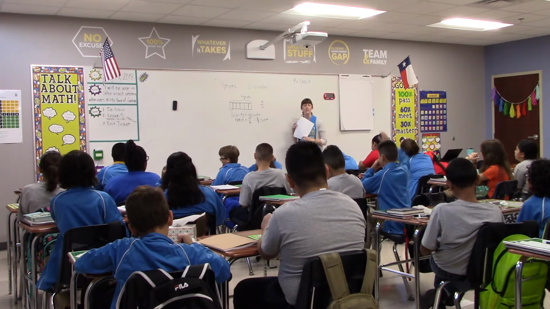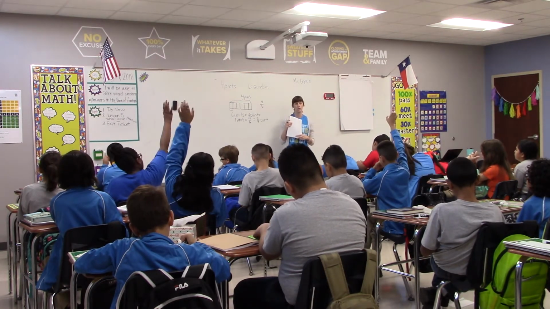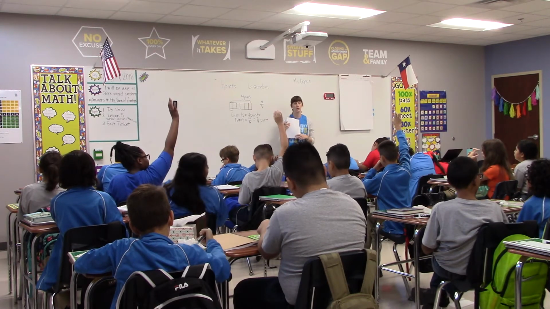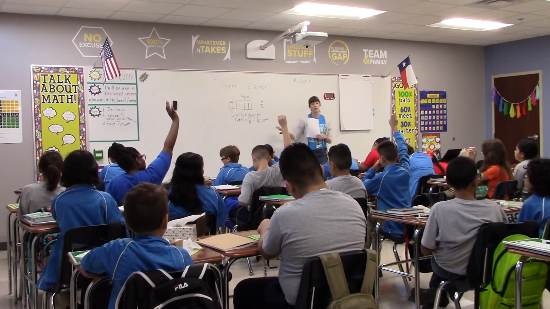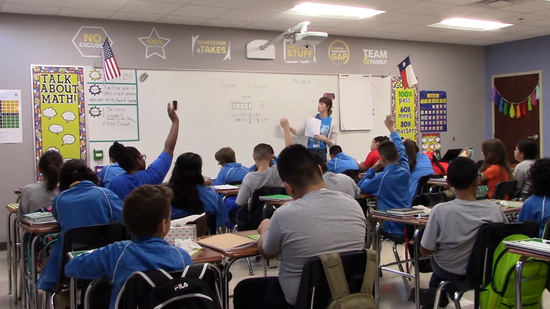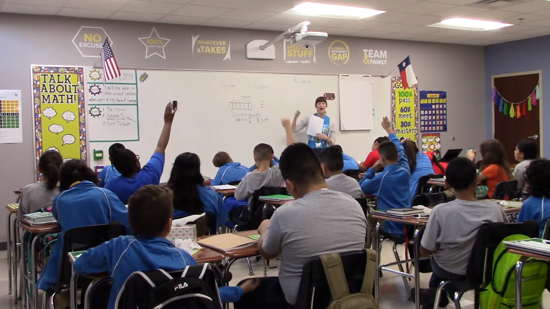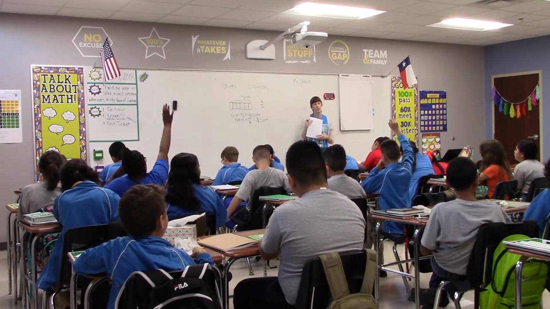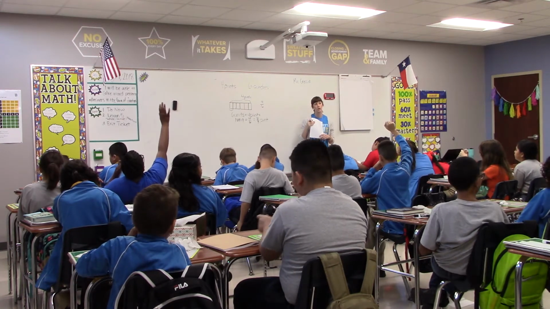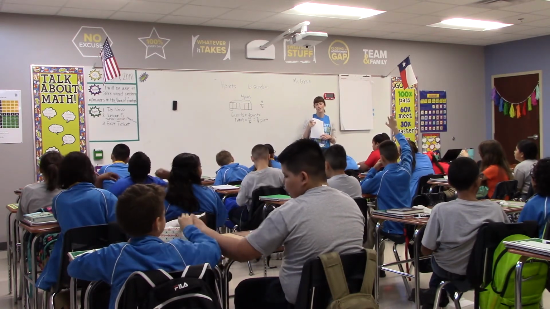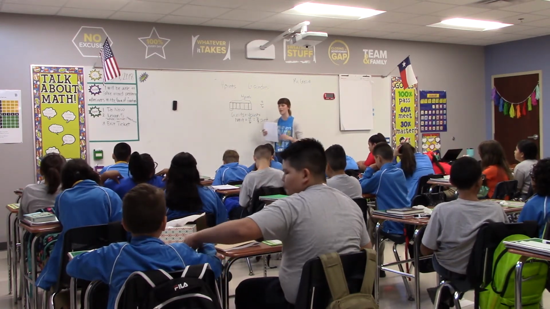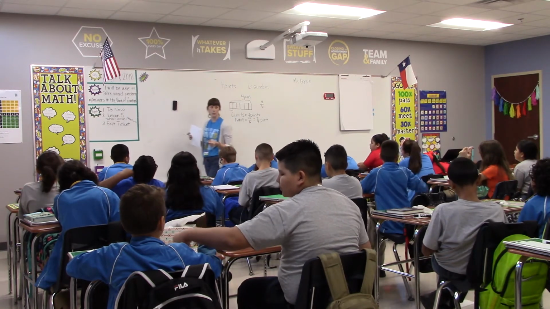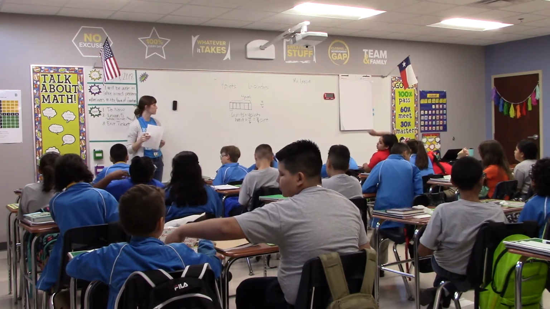Now using a complete sentence, can you answer my question? Can you say the question again? The question was, I'm sorry, it's not on the board. I'll put it on the board next time. The question was, how many pints are in each sundae? 2/3 pints are in each sundae. 2/3 of a pint are in each sundae. Snaps thinking, snaps thinking. Good job.